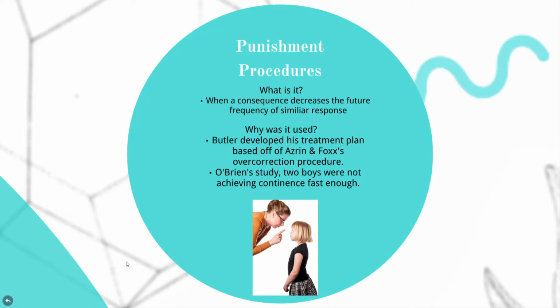He pretty much did a replication to show that if Azrin and Fox's overcorrection procedure can be used to treat urine incontinence, then why not try it on bowel movement incontinence? And it worked. And then O'Brien used a punishment procedure because two boys were not achieving continence as fast as the other boys in her study.